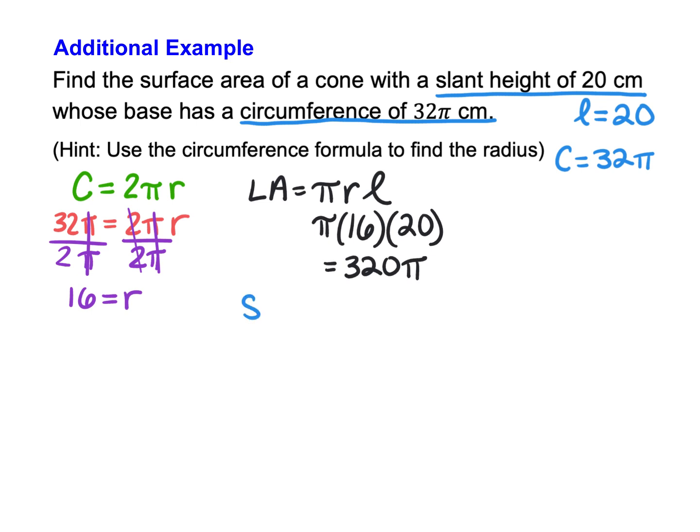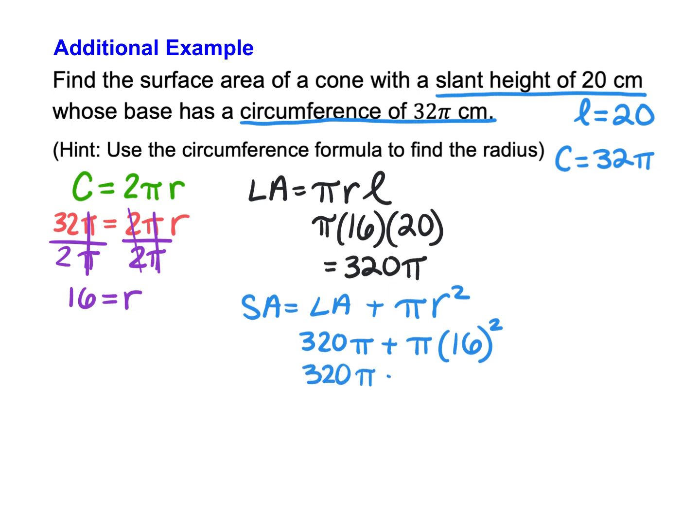Now let's get the surface area. Surface area is the lateral area plus the area of the base, pi r squared. So that's 320 pi plus pi times 16 squared. You can square 16 on your calculator, and when you do that, it is 256.